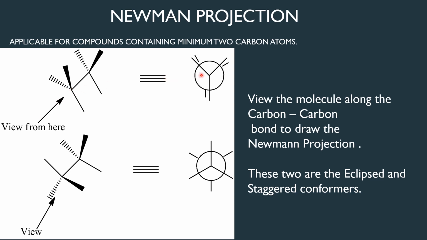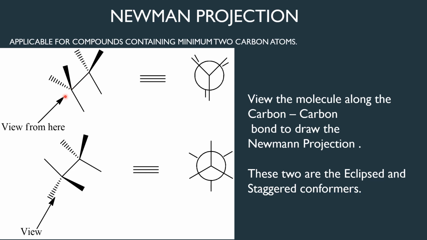The front carbon is kept as a dot here, and the three bonds connected to this are shown as they are. Instead of showing as wedges, they are shown as solid lines. So these three bonds are the three bonds in the front carbon. When I am viewing the molecule, I have to view it along this carbon-carbon bond so that the carbon at the backside is hidden by the front carbon.